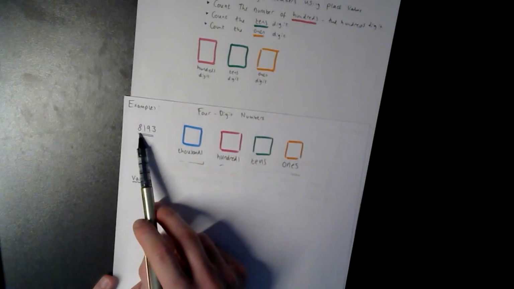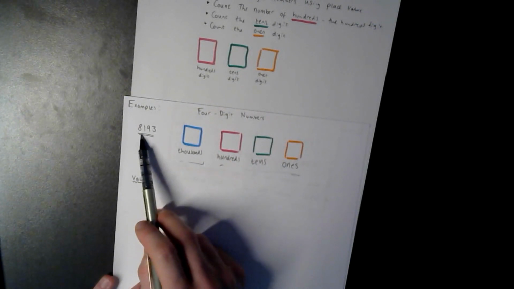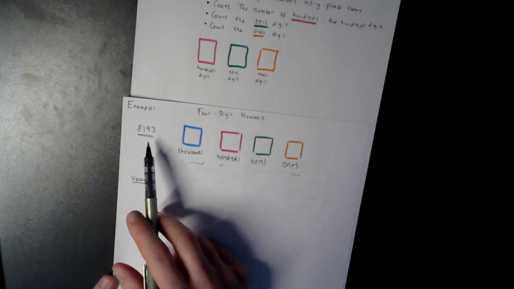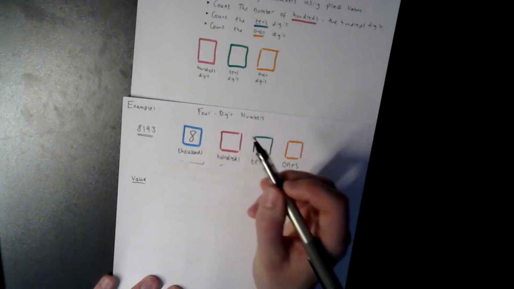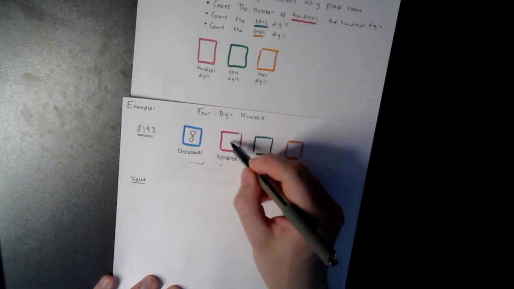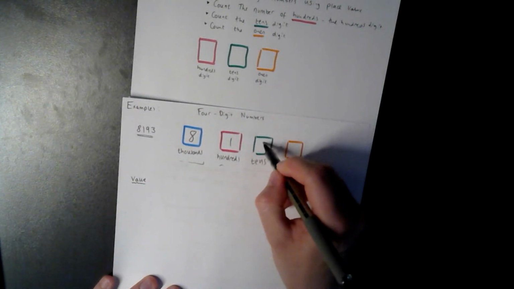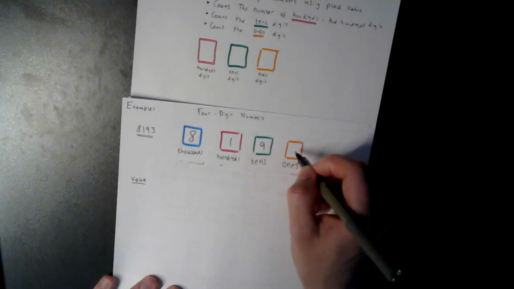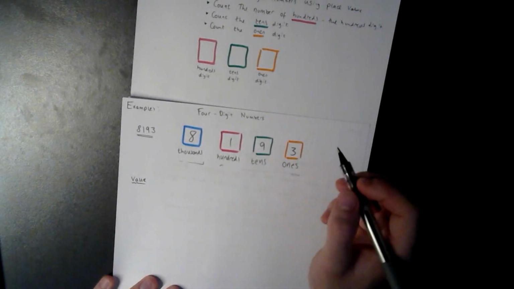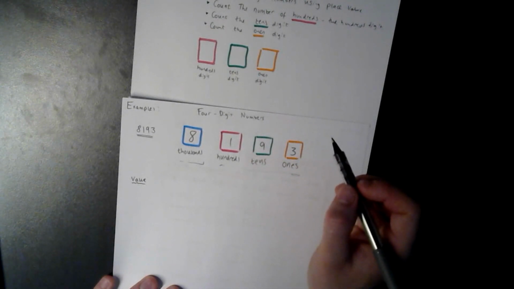So, for example, if we had this number, which would be 8193, then we'd say 8 is the thousands digit, 1 is the hundreds digit, 9 is the tens digit, and 3 is the ones digit.